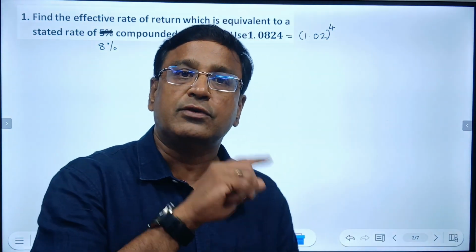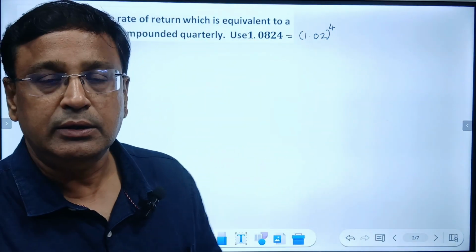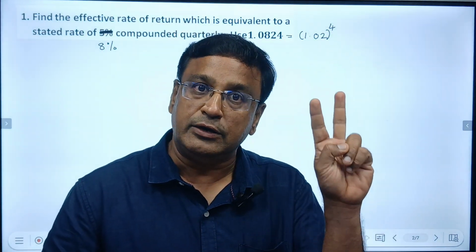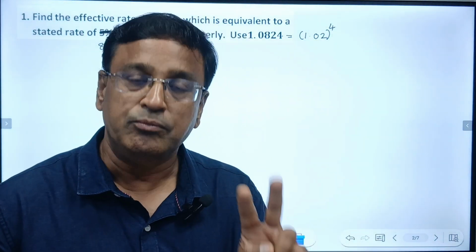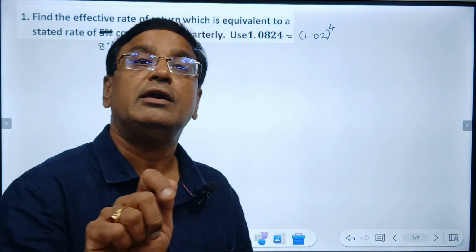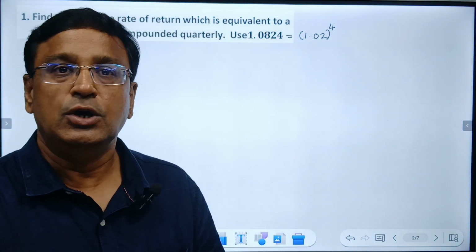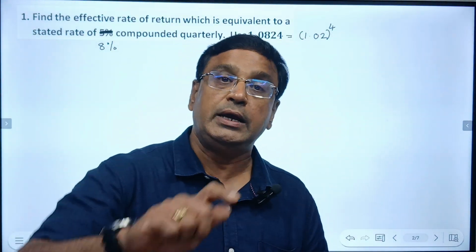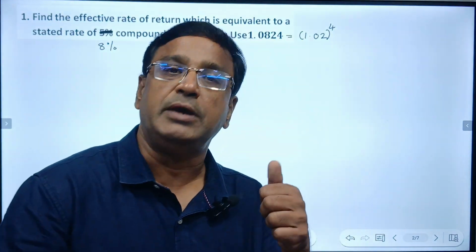But if it is compounded semi-annually, the 10% will not be 10% if you are paying that interest 2 times in a year. It will become a little more than 10%. That is what you call effective rate of interest. So the more the compounding, suppose you make it quarterly, it will be even higher than what it was semi-annually.